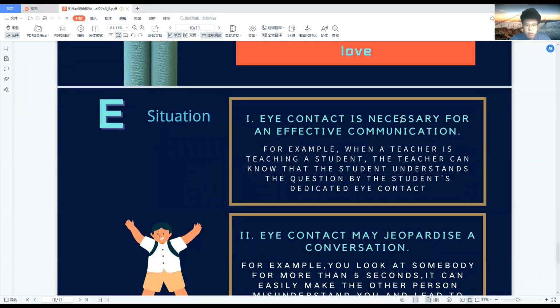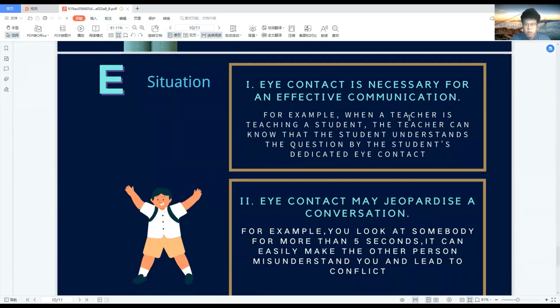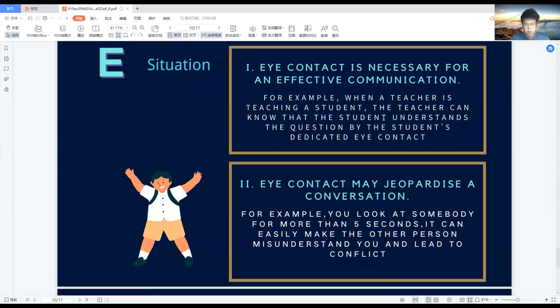Second, question A. Eye contact is necessary for effective communication. I think eye contact is important because when people make eye contact, it can also promote the feeling between us.